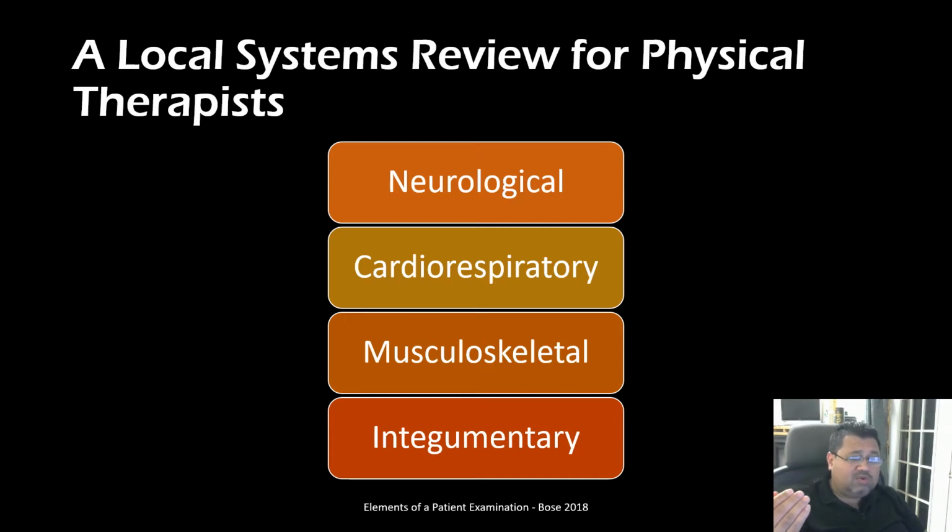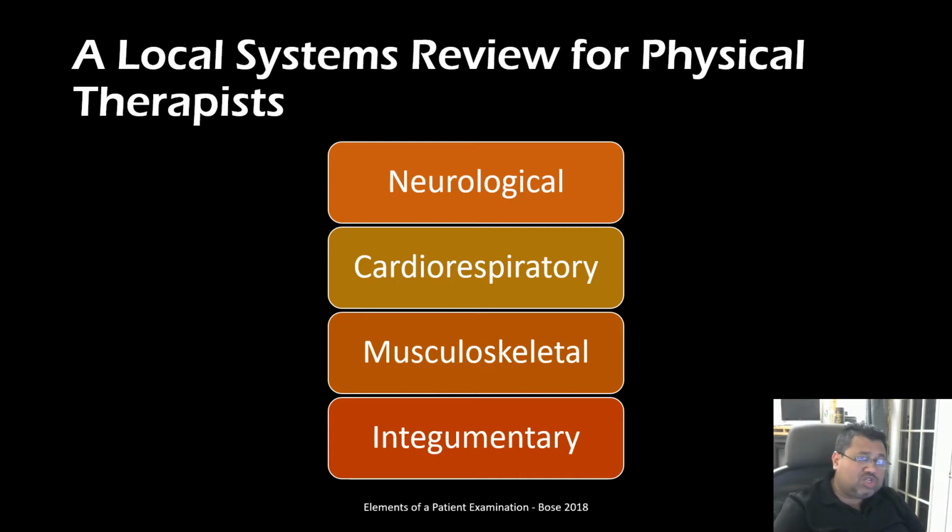skin, the integumentary system. In a typical local examination of the systems review, it is probably going to be one or two of these systems that take the majority of your attention. So if it's a neurologic patient, a very thorough neurologic examination. If it's a cardiac patient, thorough cardiac and respiratory examination.